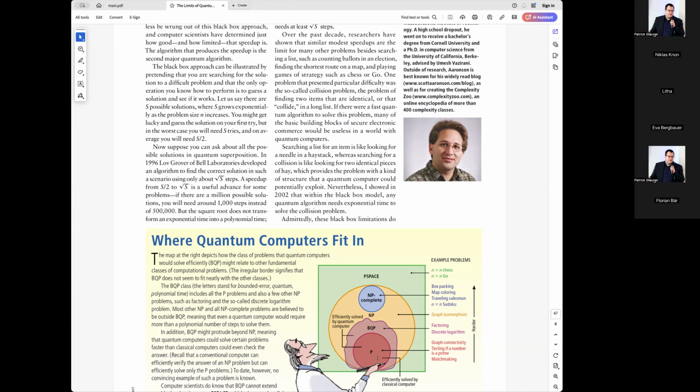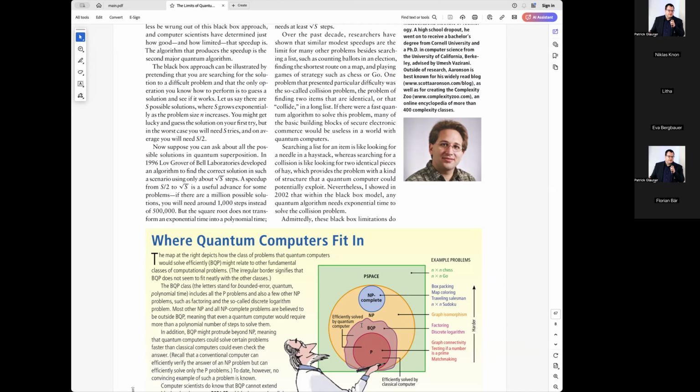So BQP includes these things we have studied today: Grover's algorithm, Shor's algorithm, Deutsch-Jozsa, and so forth. So BQP appears bigger than P, but not every problem from NP falls into BQP, and the NP complete problems don't fall into BQP.